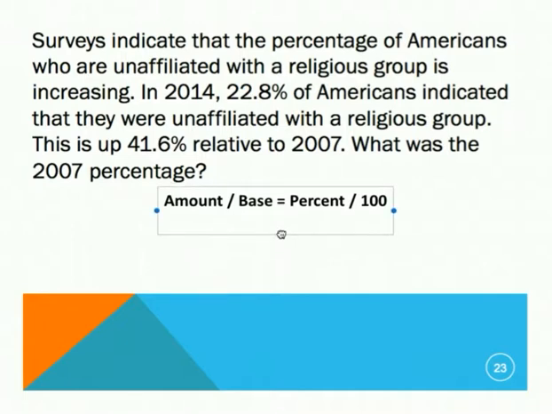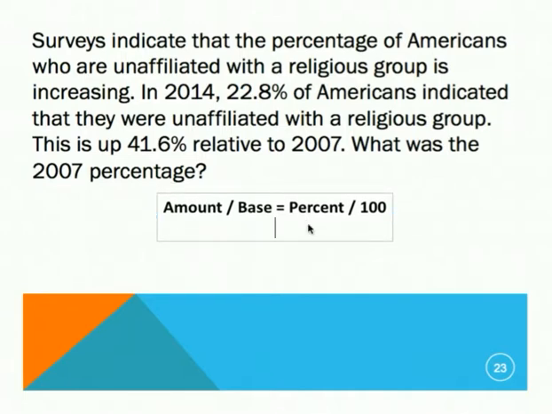This one's a little tricky because there are two different percents. So what we want to do is use words like increase, decrease, up, down, to help us figure out what should actually go in the percent spot. So in this case, it was a 41.6% increase. It was up 41.6%. So that means I should have 141.6 as my actual percentage. And then the 100 is still on the right-hand side.